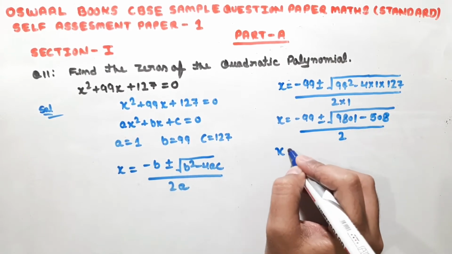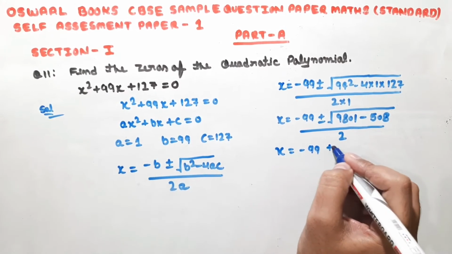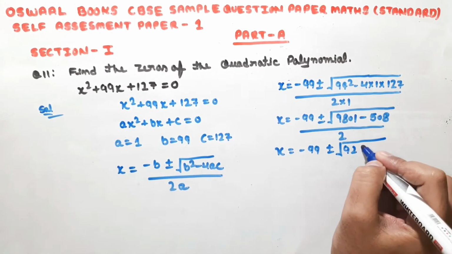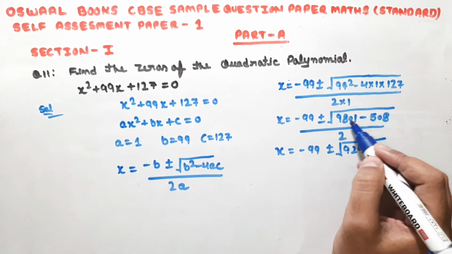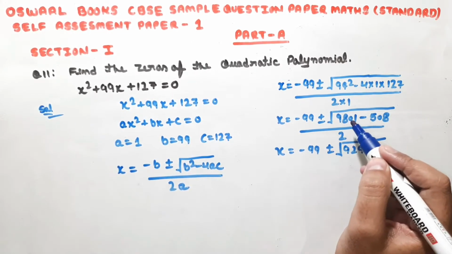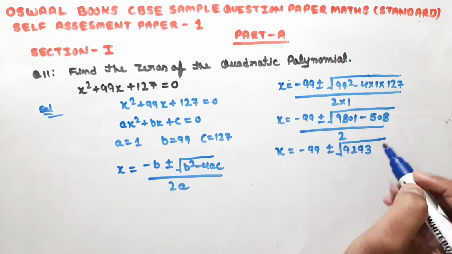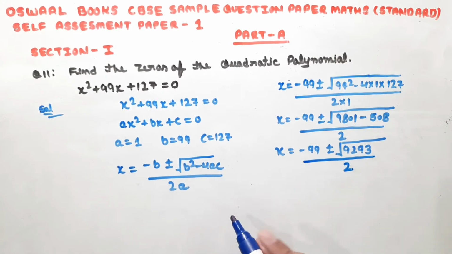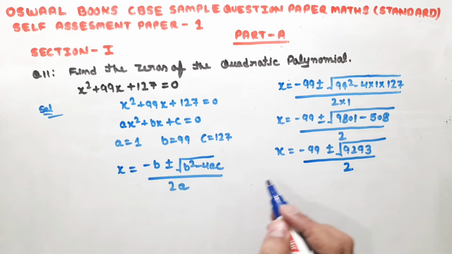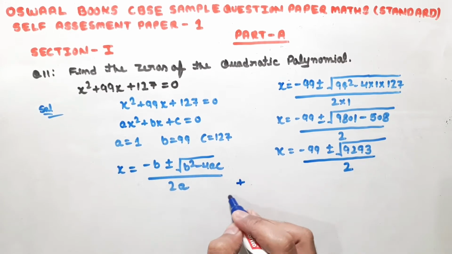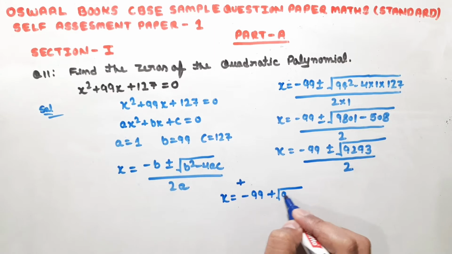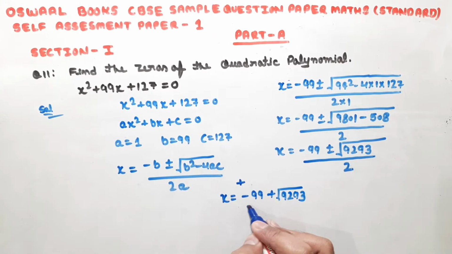So from here x will be equal to minus 99 plus minus under root 9293 upon 2. On subtracting 508 from 9801, we get 9293. Now when we consider the positive sign, our zero will be minus 99 plus under root 9293 upon 2.